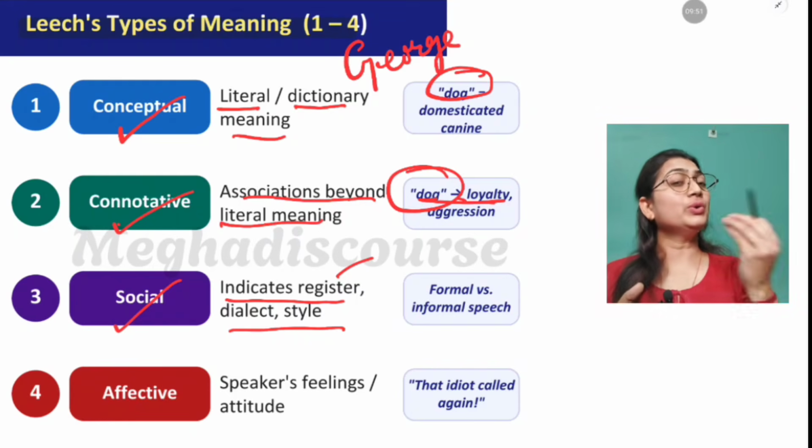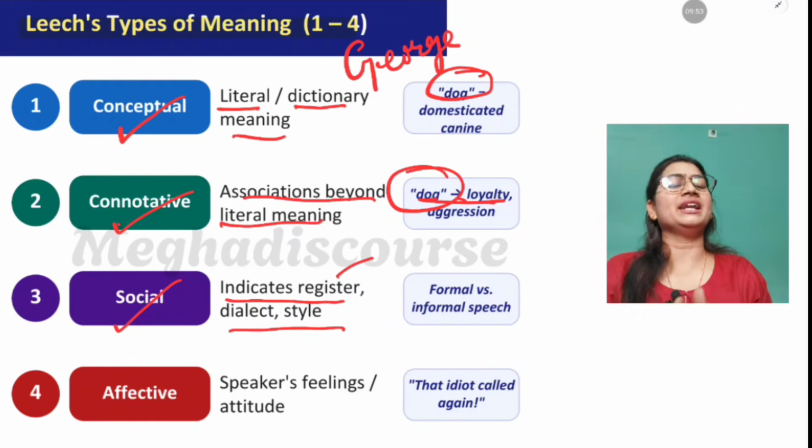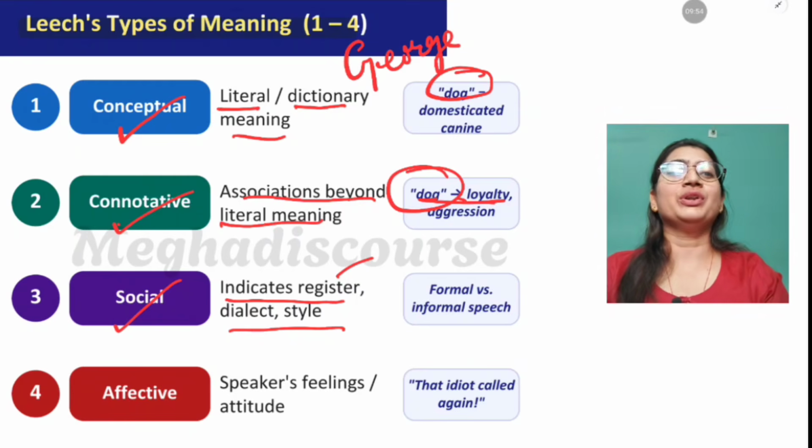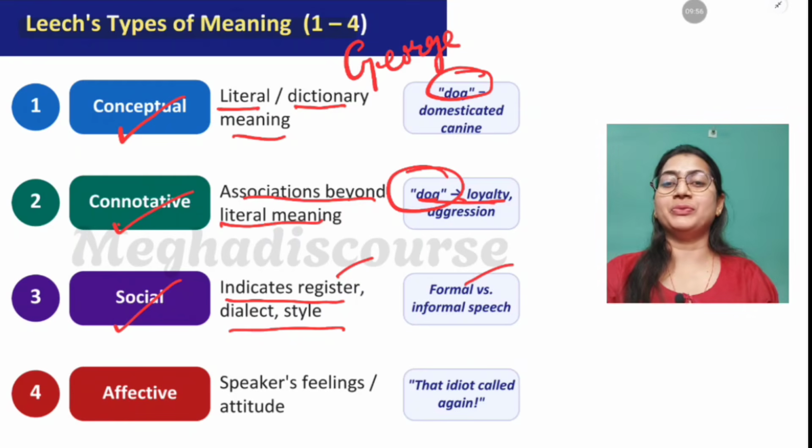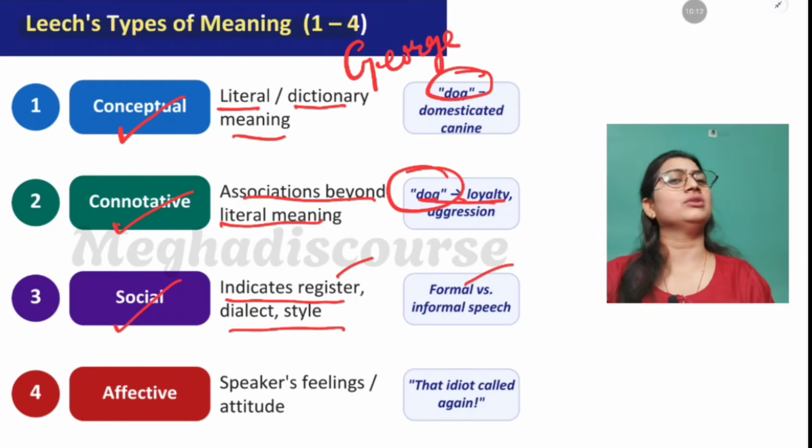It tells about who is speaking, to whom, and in which situation. For example, formal or informal speech. A best example is "require assistance". If I say assistance, it may be legal, formal speech. But if I say "I need help", it may be neutral, informal, or maybe formal.